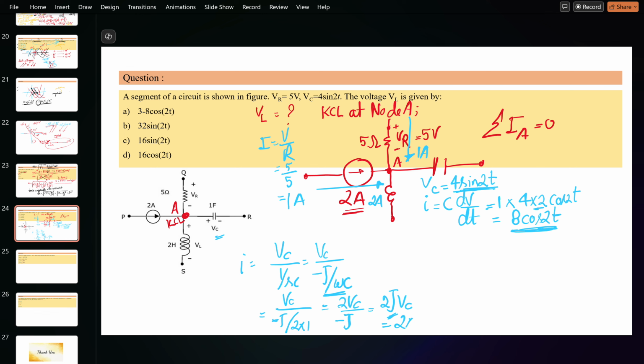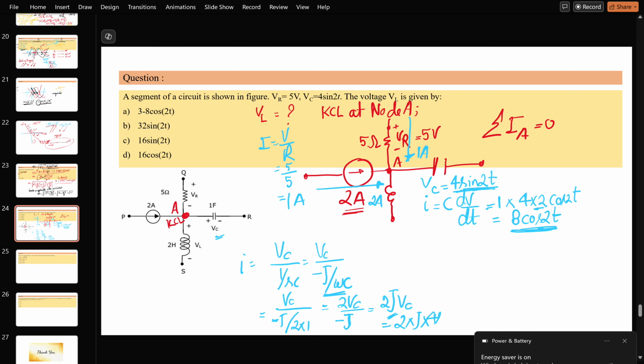That is 2 multiplied by j multiplied by 4 sin 2t, already 8j sin 2t, and j means it is time shifted anti-clockwise, so it became cos. The same answer comes when you take minus j upon omega C. There is no difference.